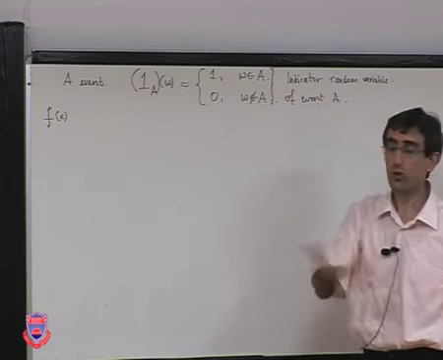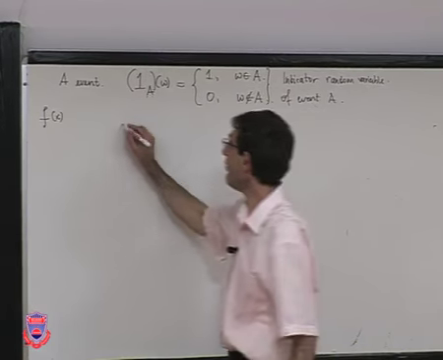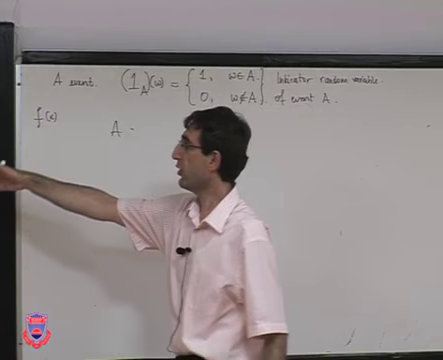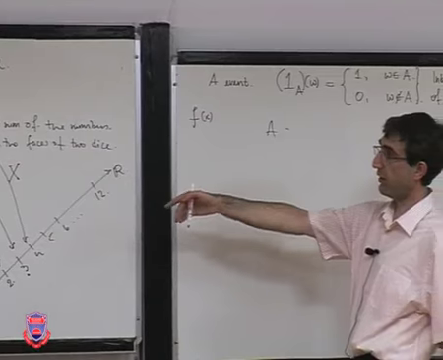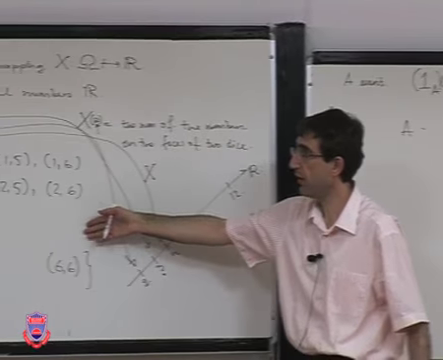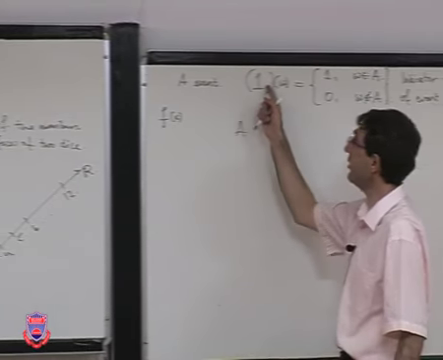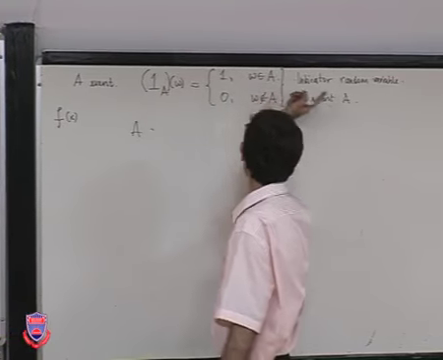So for example, in this setting, that was a random variable. I can first define an event, simply a subset of this omega, and then introduce this indicator random variable.